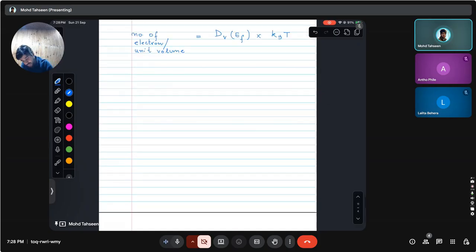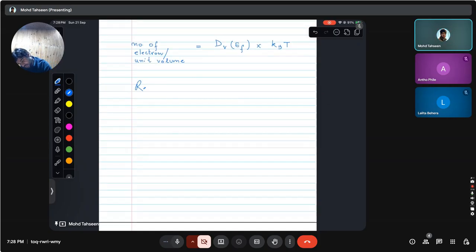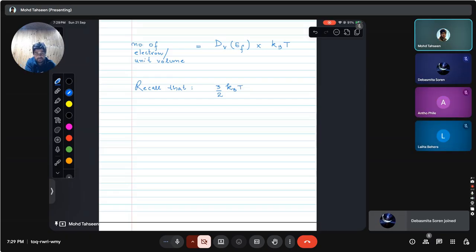Okay, and now recall from the classical theory, from the kinetic theory of gases, that each electron can absorb an energy equal to 3 by 2 kBT. This is the energy provided to each electron if we raise the energy of the system by kBT.